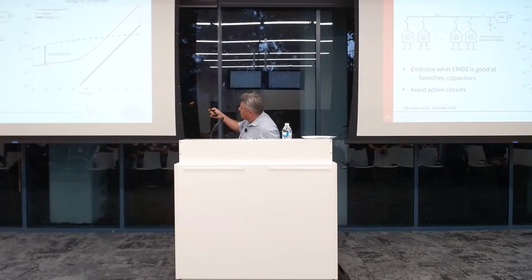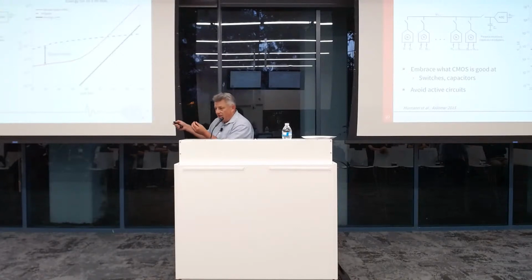It turns out the lower noise requirement you have, the smaller you can make the components and the energy storage elements in your circuit. At some point, they become so small that you're limited by the process technology. You can't make a smaller cap anymore because they're already minimum size. Then this curve bends over, and it becomes a little bit more like a digital circuit, which is relatively flat in this space. Why is this digital curve so flat? It's because adding a bit is relatively cheap in digital.